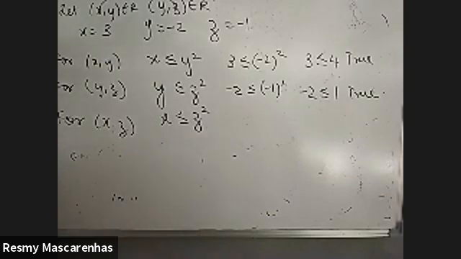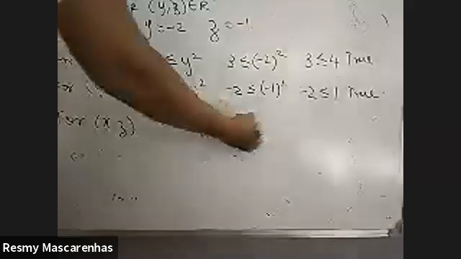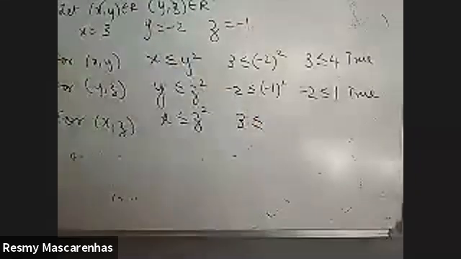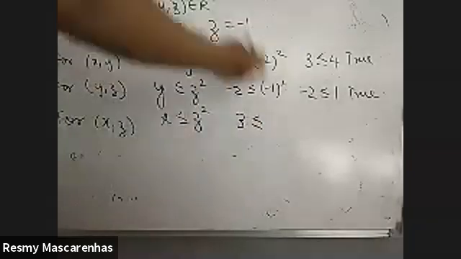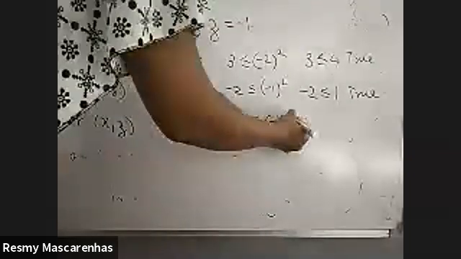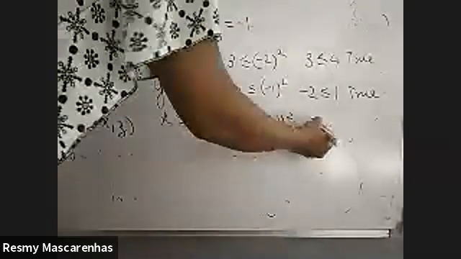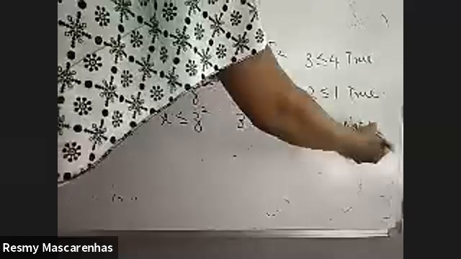So as per that, this will be 3 less than z square. Is 3 less than 1? No, not true.